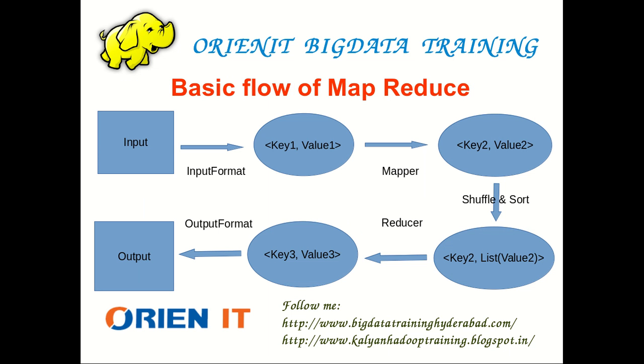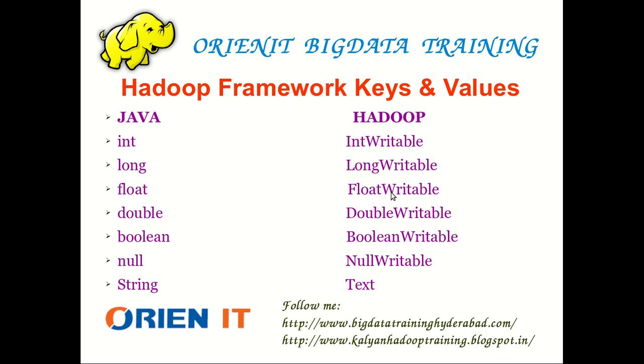We need to make sure what my input file is, what my input format is, what my K1 V1 keys and values are, what my mapper is and what key and value the mapper is going to generate, what my shuffle and sort is, what my reducer is, what my K3 V3 data types are, and what my output format is. All these keys and values you have to be clear about.